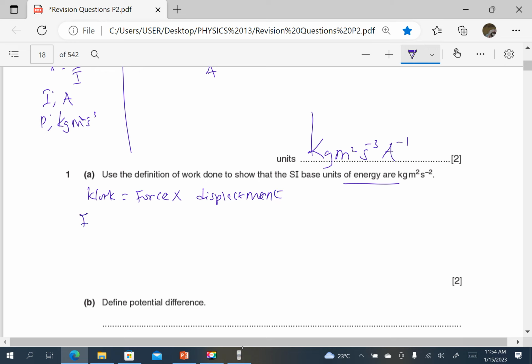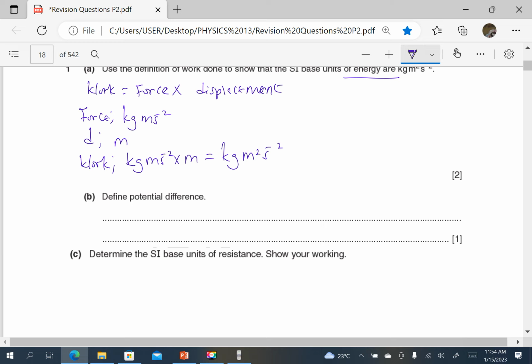So we know the base units of force are kilogram meters per second squared, and the base units of the displacement are meters. So the base units of work, which will be the same as those of energy, will be kilogram meters per second squared times meters, which is kilogram meters squared per second squared. These are the same as those of energy.